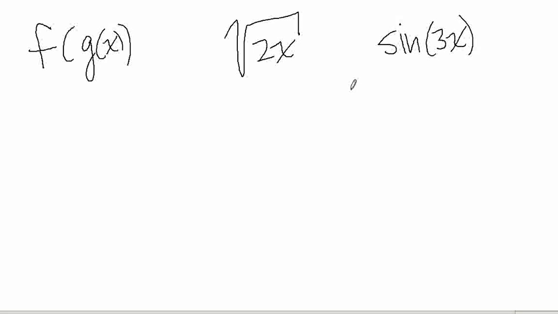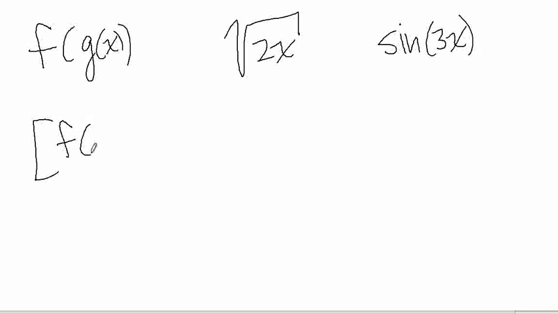Now, you could prove the result I'm going to give you by carefully analyzing the derivative limit for this situation. I'm not going to do that in this video, but I'm just going to present the result. So the situation is this.